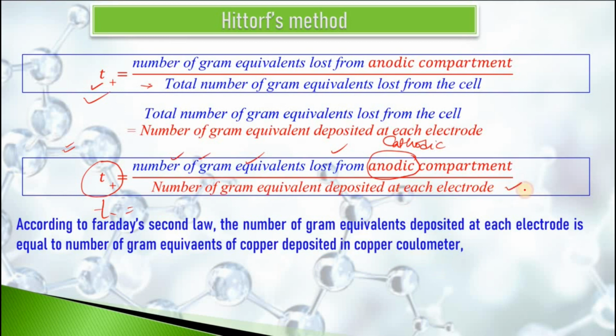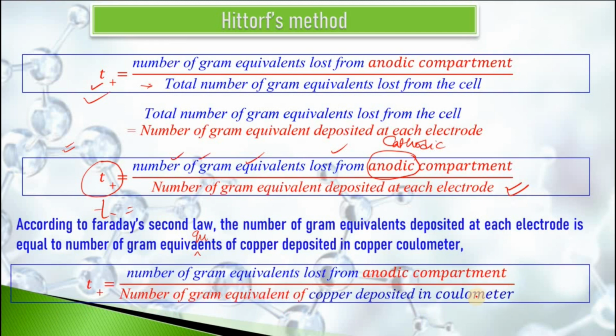So the denominator of this expression can be rewritten in terms of the number of gram equivalents of copper deposited in the coulometer, or t plus is equal to the number of gram equivalents lost from the anodic compartment divided by the number of gram equivalents of copper deposited in the coulometer.